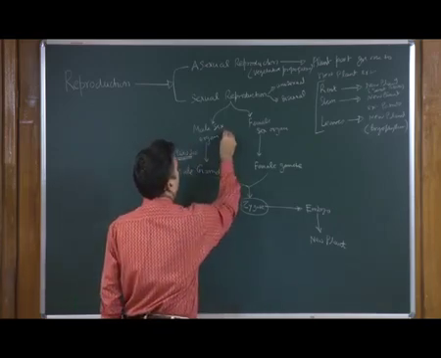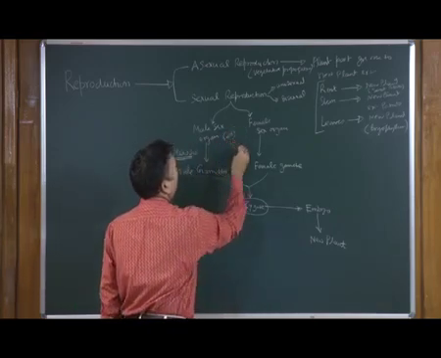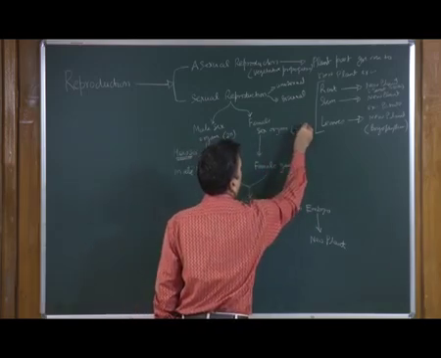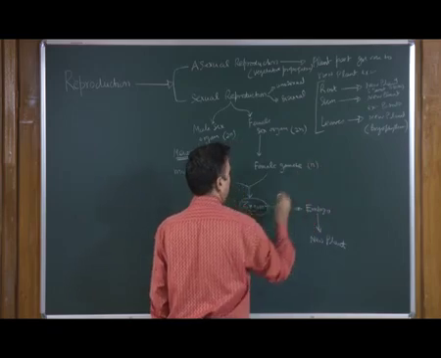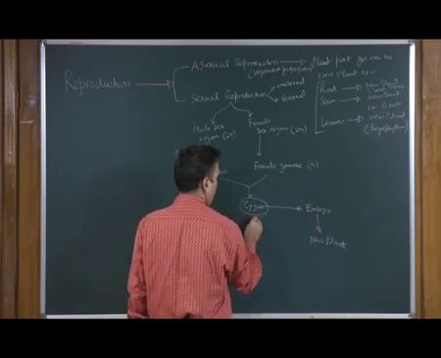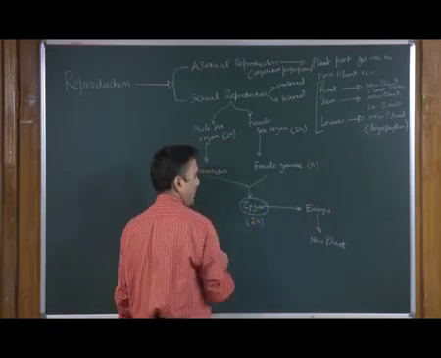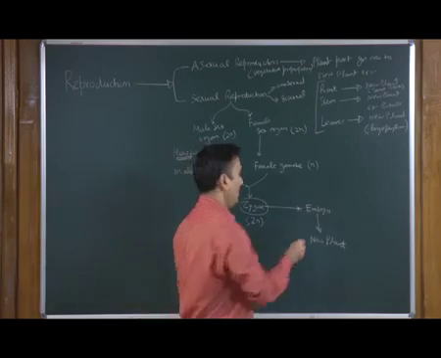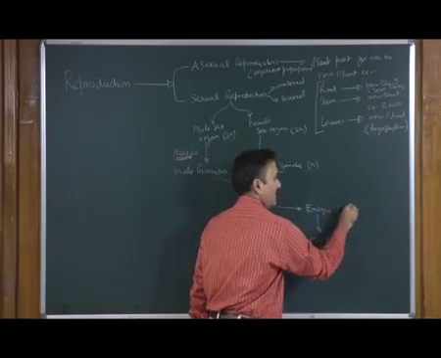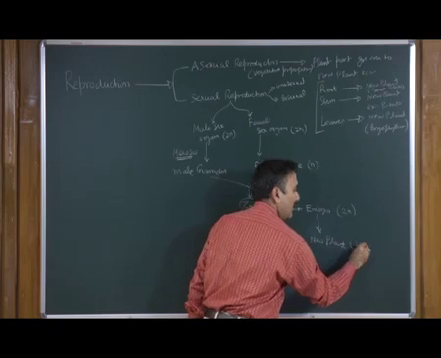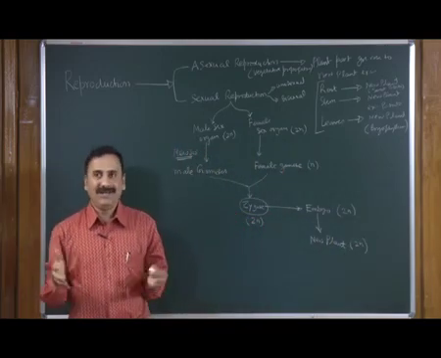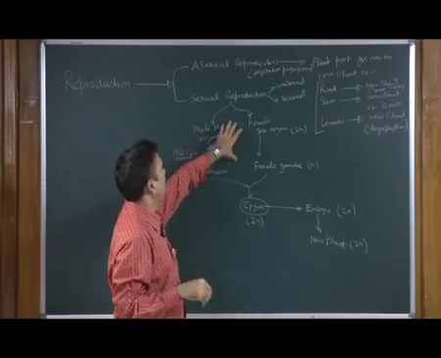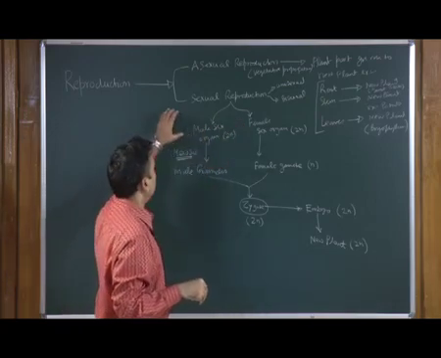So, the sex organs are going to be diploid in both cases, whereas the male and female gametes are going to be haploid. When they fuse again, the zygote is going to be diploid, and accordingly the embryo as well as the new plant is going to be diploid in nature.